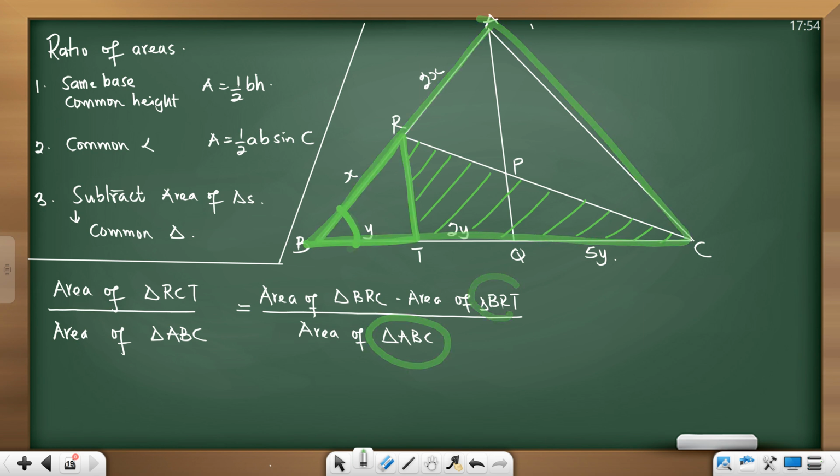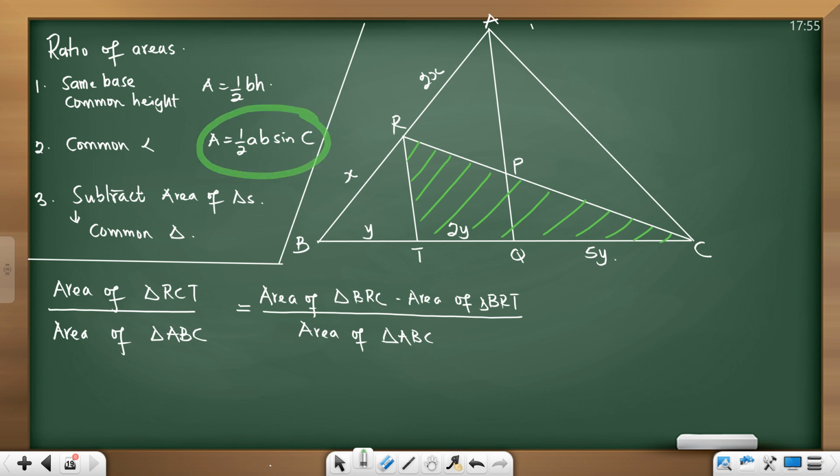What do you notice? I have created a common angle between these triangles. And once I create a common angle, half AB sine C. Oh, you're saying you can't see it. That's fine, because I don't have values. If I had angles, I would use my calculator, but I don't have values of angles.